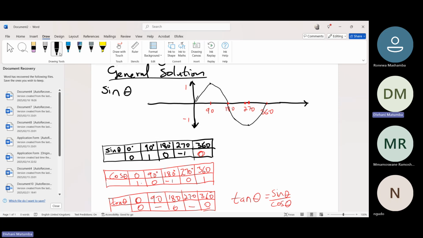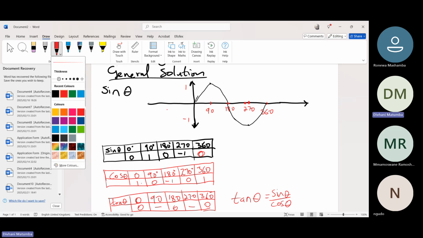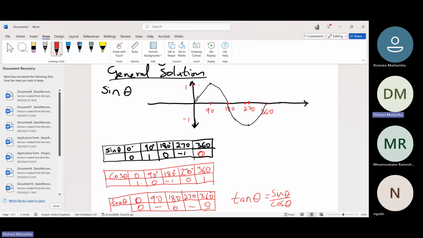Okay, that's fine. Then the cos graph will look like this. It started at 1. So it goes like that.